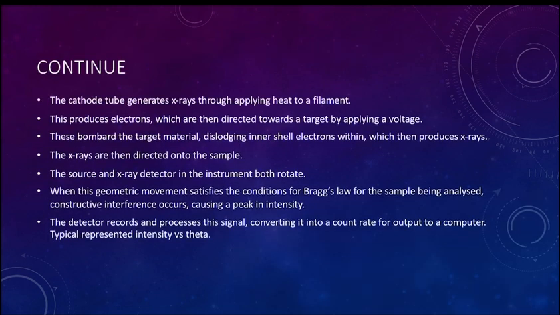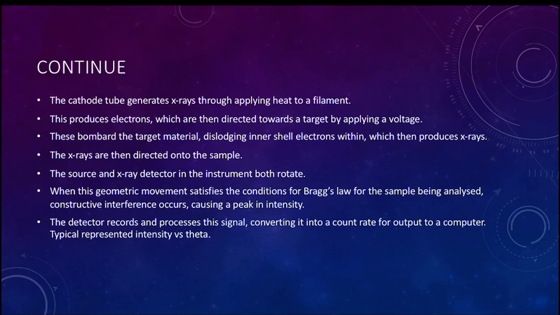The cathode tube generates X-rays by applying heat to a filament. This produces electrons, which are then directed towards a target by applying a voltage. These bombard the target material, dislodging inner shell electrons and thus producing X-rays. The X-rays are then directed onto a sample, and the source of X-rays and the detector in the instrument both rotate.